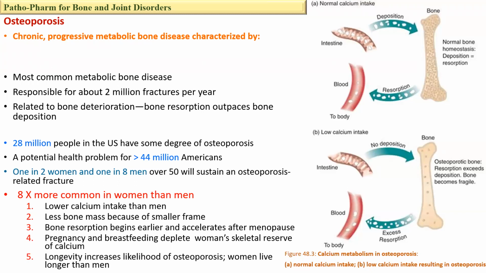Now, moving to the next topic, which is osteoporosis, a chronic progressive metabolic bone disorder. The characteristics of this are that the bone becomes porous, with low bone mass and structural deterioration of the bone tissue.